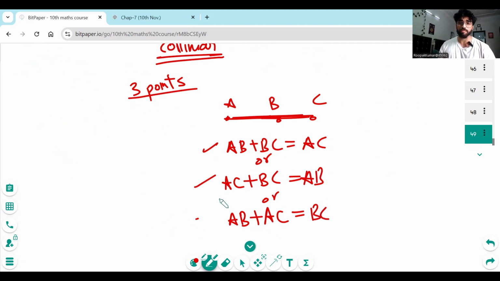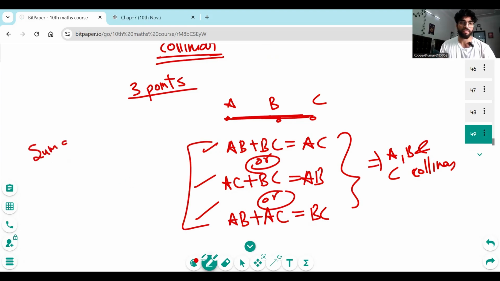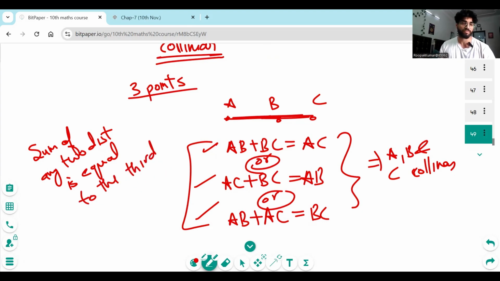If any of them, that's why I said or, is satisfied, then the points A, B, and C will be collinear. Or if you don't want to write all this, you can write: sum of any two distances is equal to the third one. If that is the case, then the points are collinear.